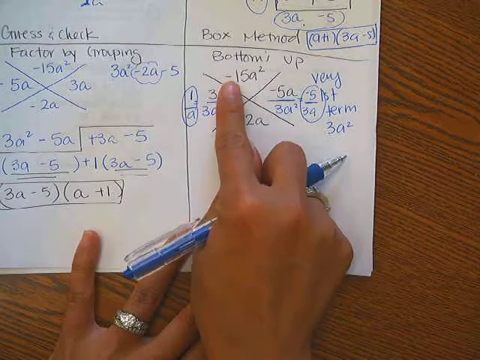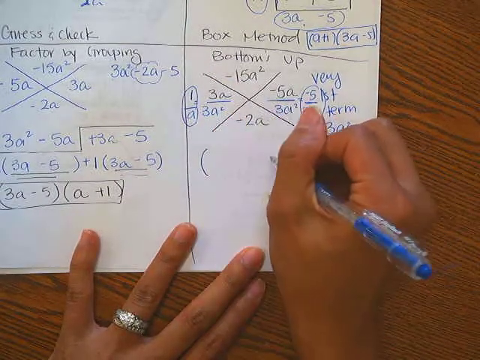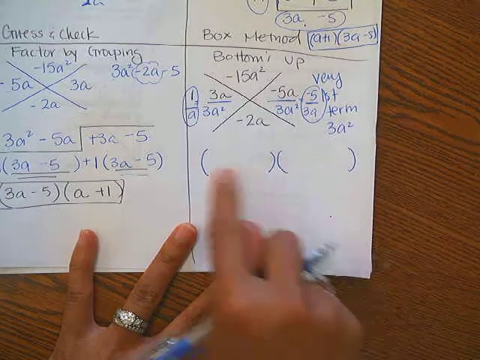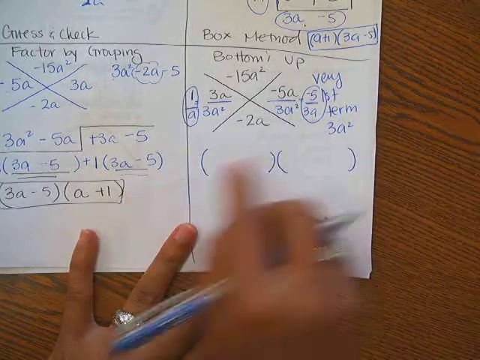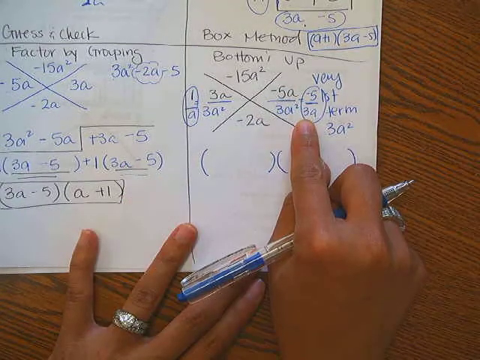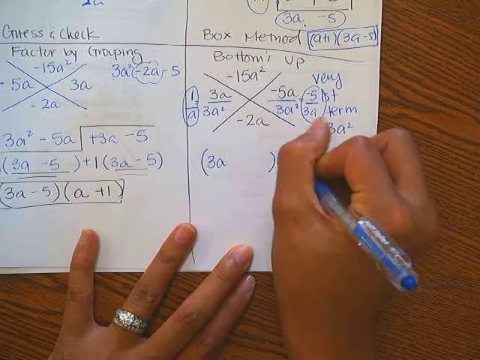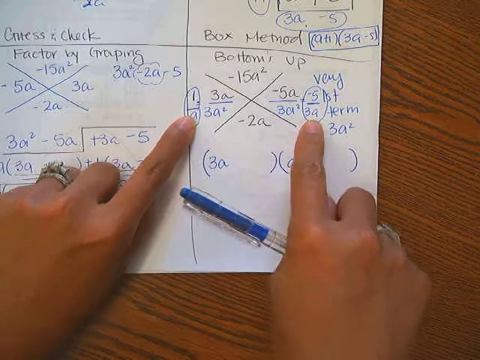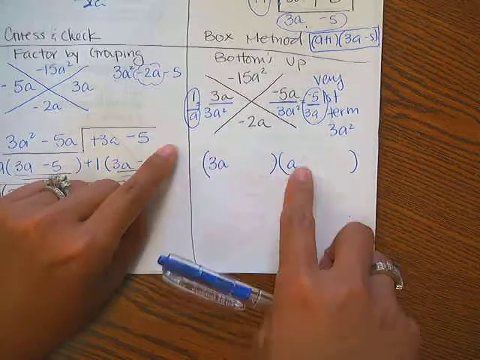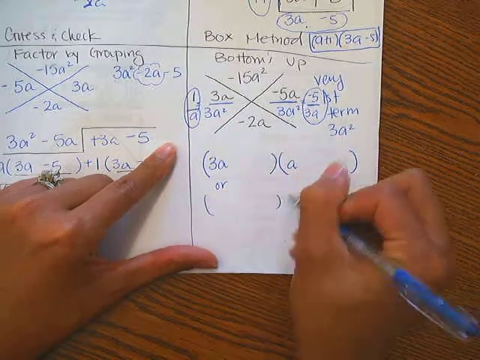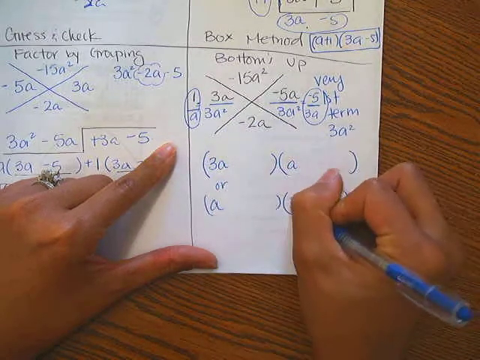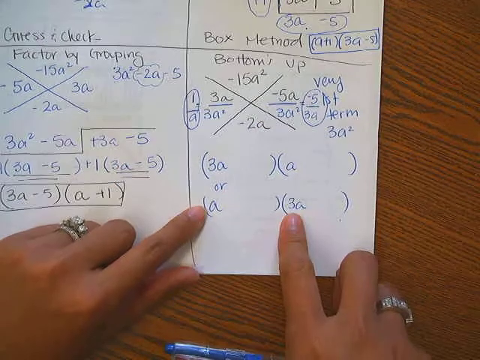Now, there's a reason why this is called bottoms up. Remember, when you're factoring, usually you have this format, right? It's called bottoms up because you write the bottom first. 3a or a, these two bottom terms, they go first. And by the way, you can switch these. You just have to put them first, it doesn't matter.